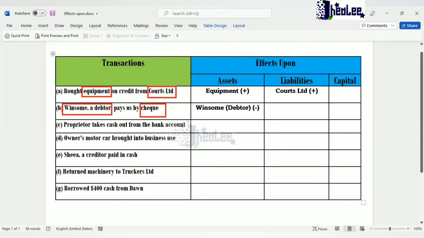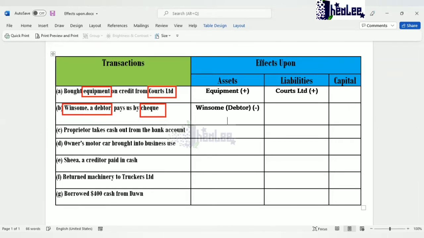This person pays us by check. And remember earlier I said that once check is affected, it is your bank account. Bank is an asset. So we're going to put bank under asset as well for this transaction. Winsome paid us using a check. Is that an increase or a reduction of what we have in our bank?